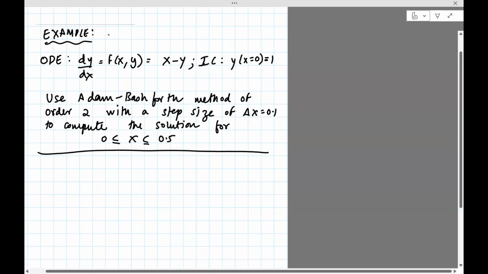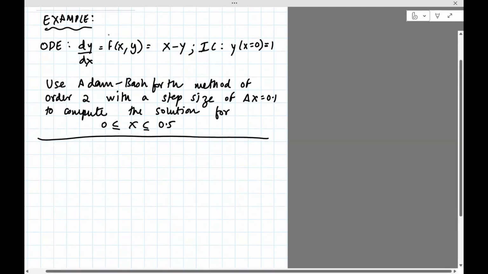Okay, so we know how to do this using Euler's method, Heun's method, and so on. They actually will use the value of f at that point. So all these methods we've seen so far will take the value at x equals 0 and find the value at 0.1, then use the value at 0.1 to find the value at 0.2, and so on. Let's try to use it with the Adam Bashforth formula.